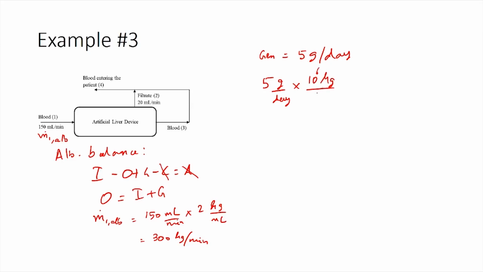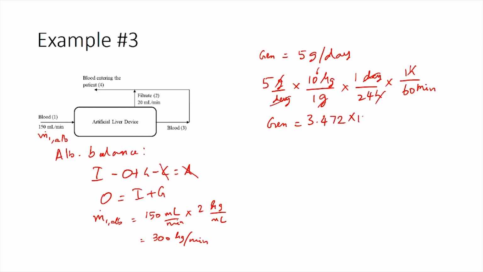So, 10 power 6 micrograms per gram times 1 day, which contains 24 hours, and 1 hour contains 60 minutes. Cancelling out the days, the grams and the hours, we end up with micrograms per minute, and when we calculate this, the value would be generation equals 3.472 times 10 power 3 micrograms per minute.